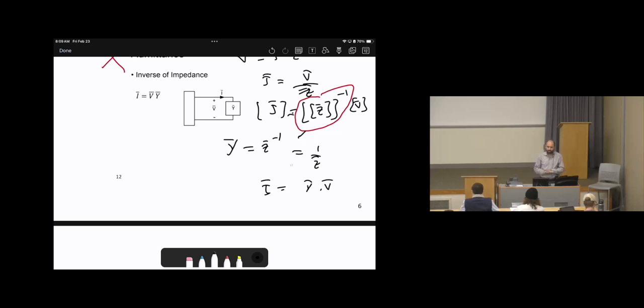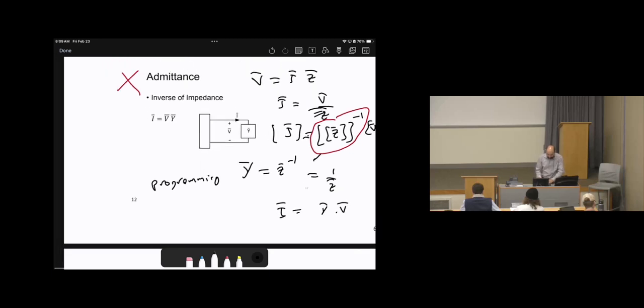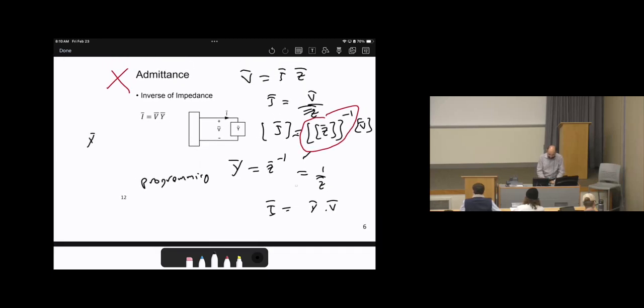We will use it in programming, most likely. In programming, it can be easier for us to do the analysis. And since Y is now a complex number, Y equals G plus j beta, real part and imaginary part. G is called conductance.